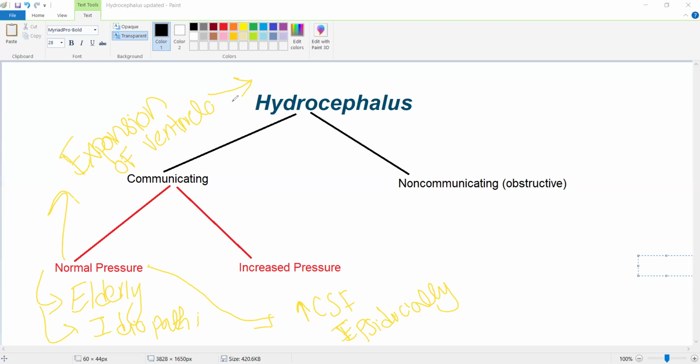So these three triad symptoms are due to the distortion of the fibers of the corona radiata. Very, very high-yield stuff.